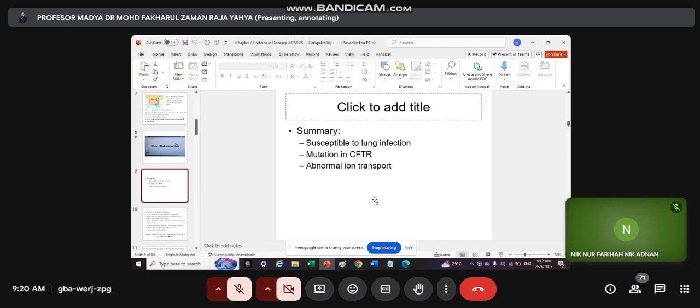Okay, so we can summarize from a brief introduction to cystic fibrosis. We can summarize that cystic fibrosis disease can make humans susceptible to lung infection. When the mucus is very thick, it facilitates the microbial colonization by Pseudomonas aeruginosa.